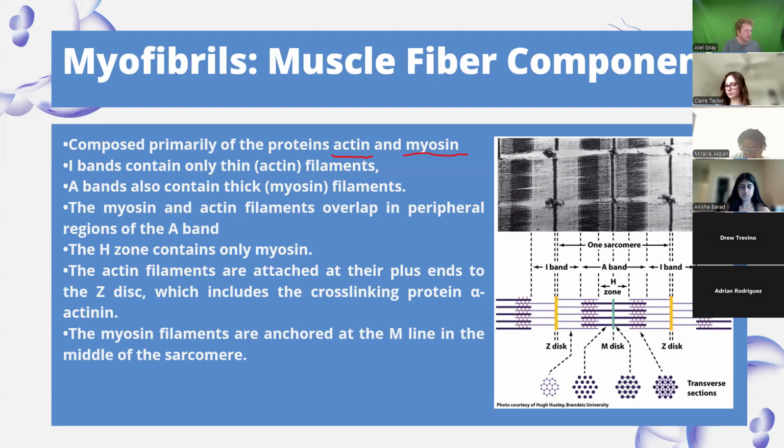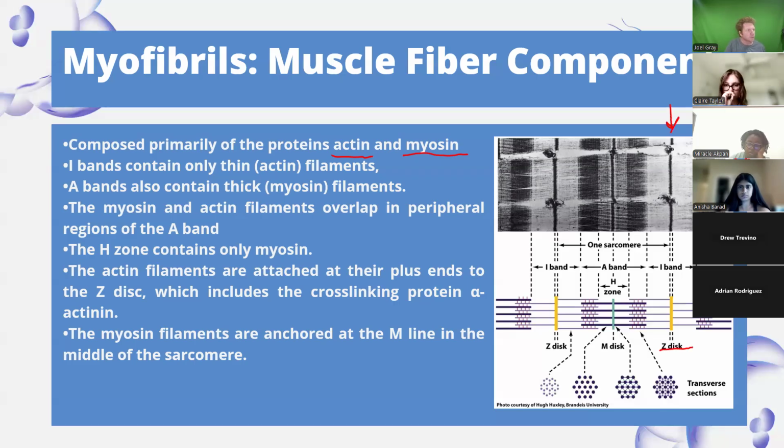Now, with that said, this right here is a microscope image, and you can pick out a couple of structures. These structures have unique names. For instance, this barrier over here is known as the Z disc.